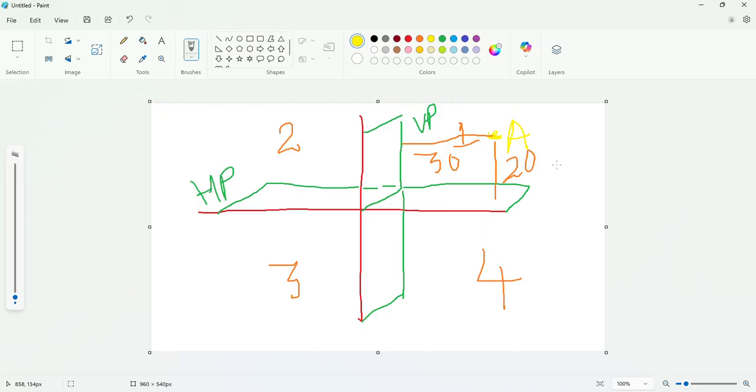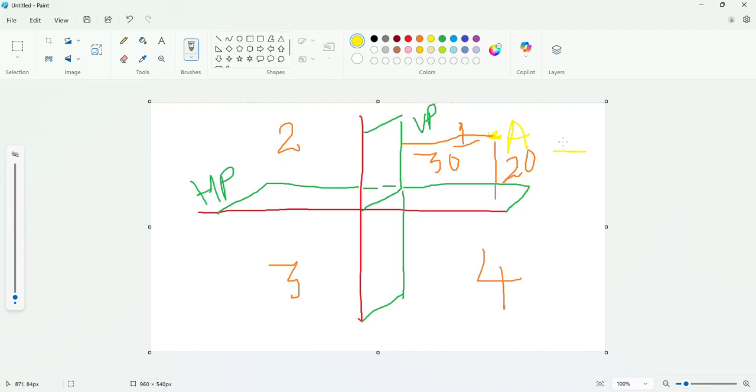Now we have to draw the projection of this particular point. So now in the projection, or what we can say, orthographic projection, we need two views, front view and top view.